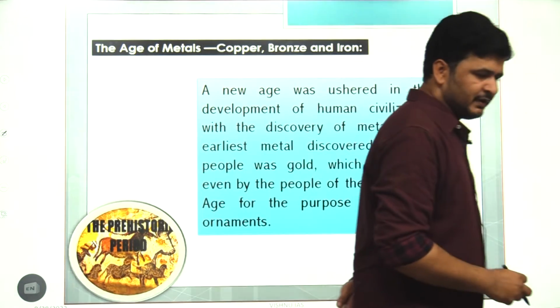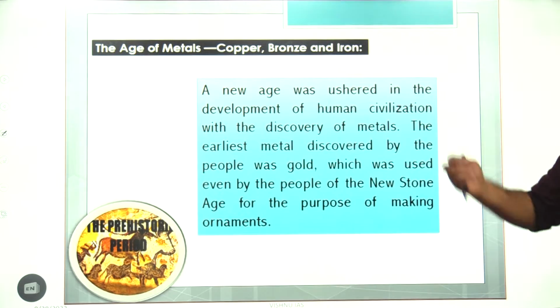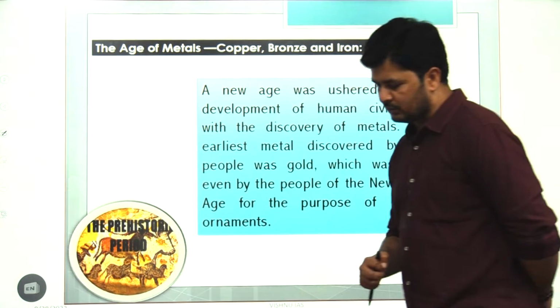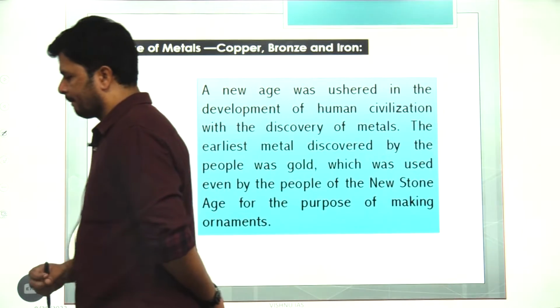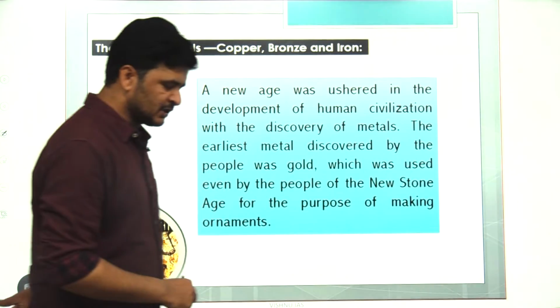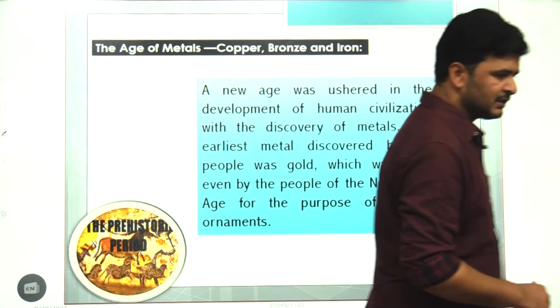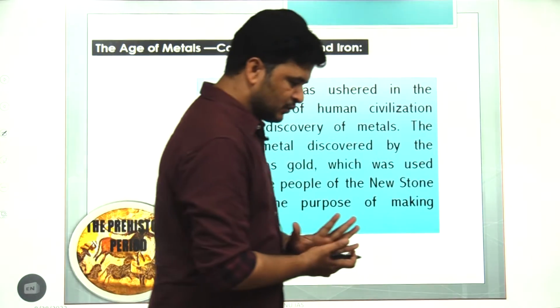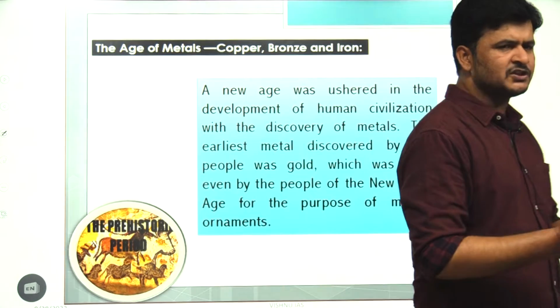Right, it's all about this. Now the last component of prehistoric cultures, that is Chalcolithic cultures, otherwise called Metal Age cultures, both are the same. So we have learnt in the previous session the use of metals in India. Which was the first metal to be used?